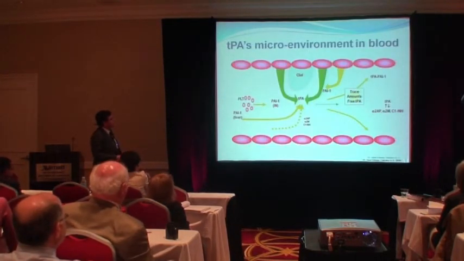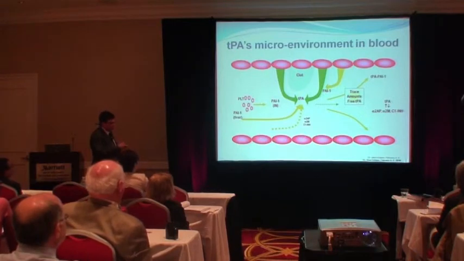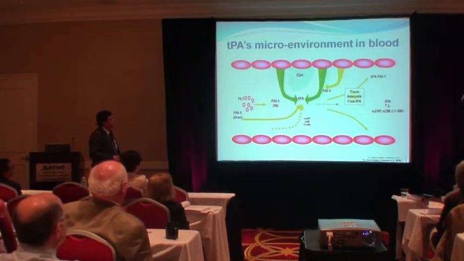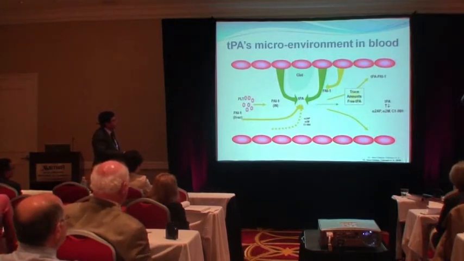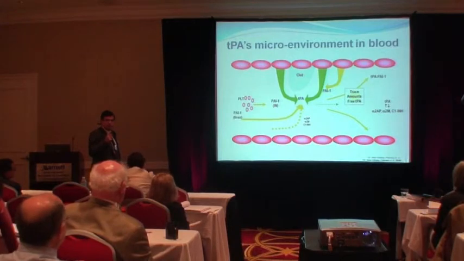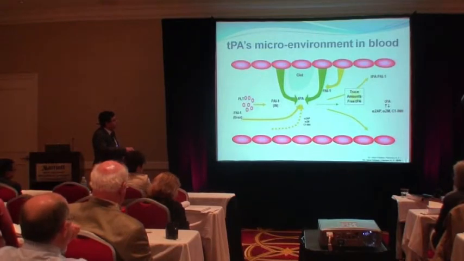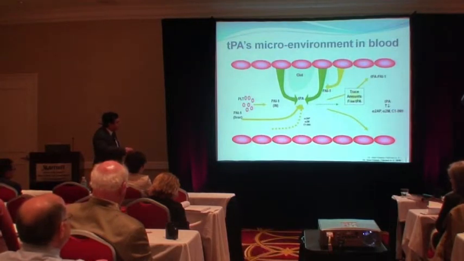So this slide summarizes the specificity of TPA. In blood circulation, TPA is present at very low concentrations, but in the vicinity of a clot, you can find much higher concentrations of TPA, several orders of magnitude higher, because TPA released mainly from endothelial cells in the intravascular compartment is released close to this clot.